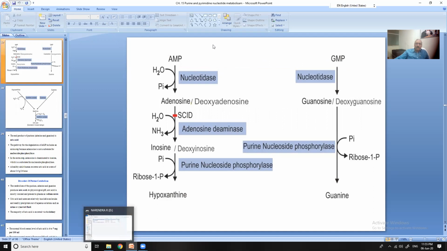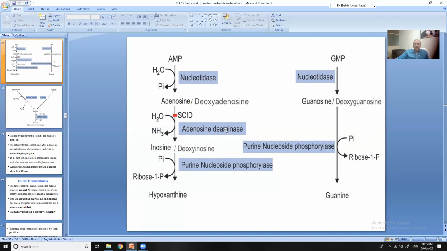You see here, it is adenosine monophosphate, and it is guanosine monophosphate. They are both acted on by nucleotidases, and we are getting here adenosine, deoxyadenosine, and guanosine, deoxyguanosine.